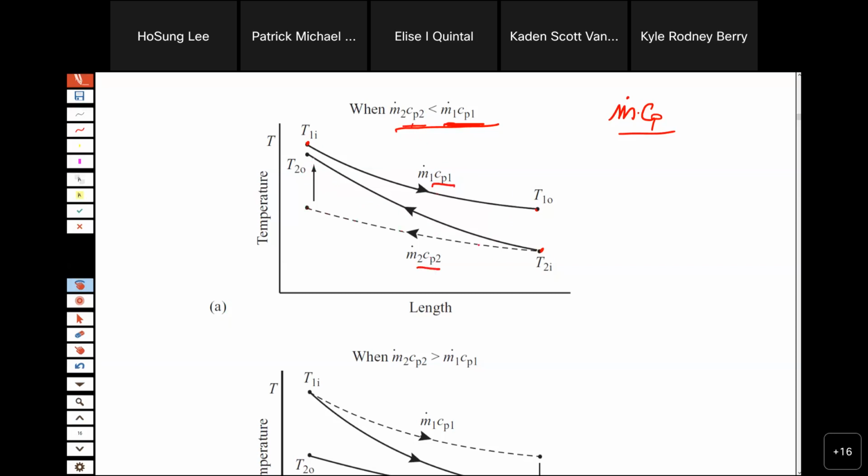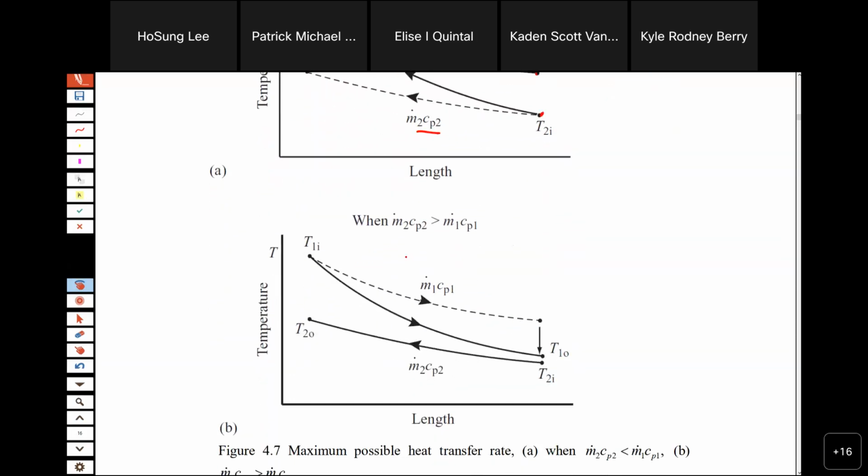If the capacitances are the same, something like that, but if the cold has higher capacitance, then it's going to move. So this is the trend. The other case, if the cold side capacitance is much higher, then look at that. Hot side, cold side, the hot side is going to move.